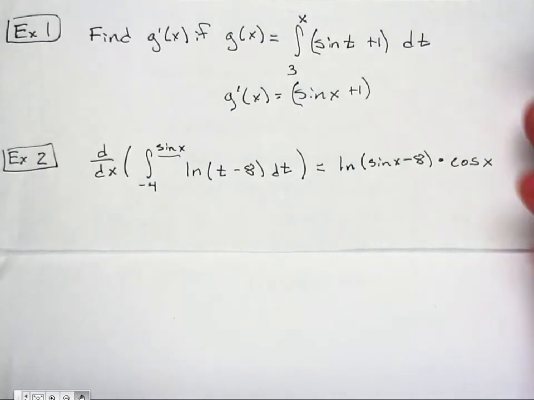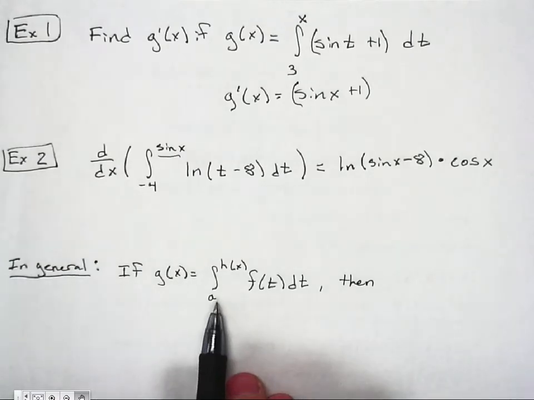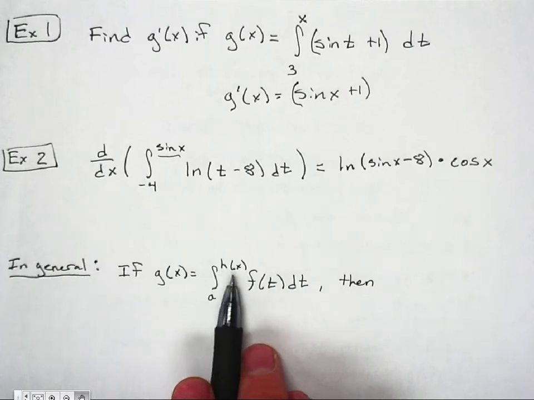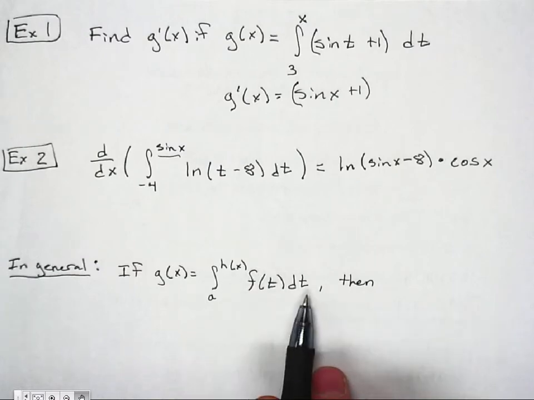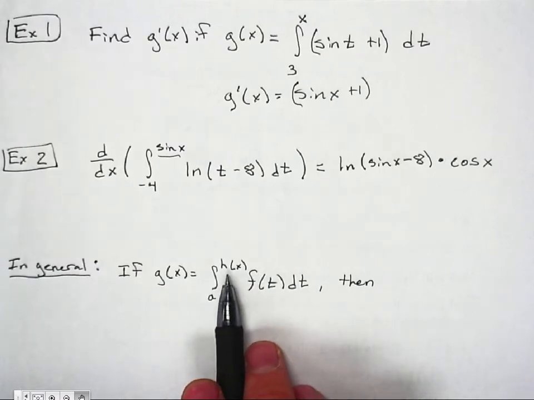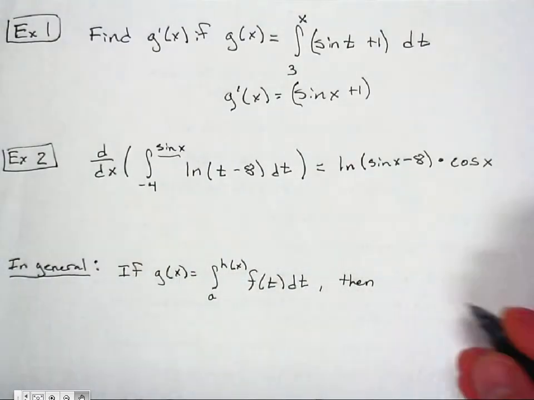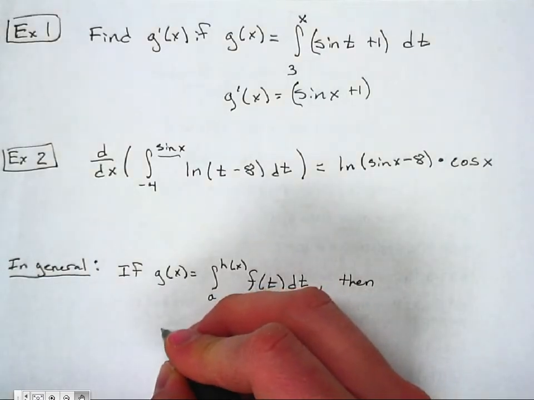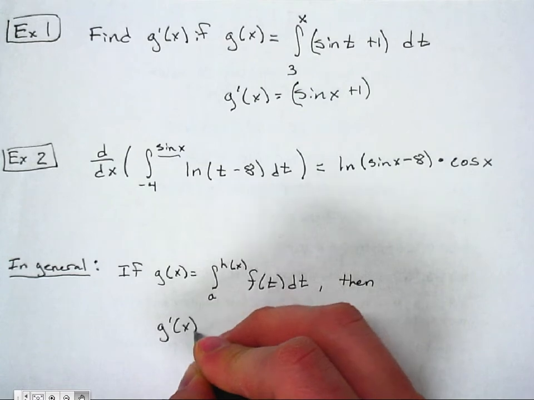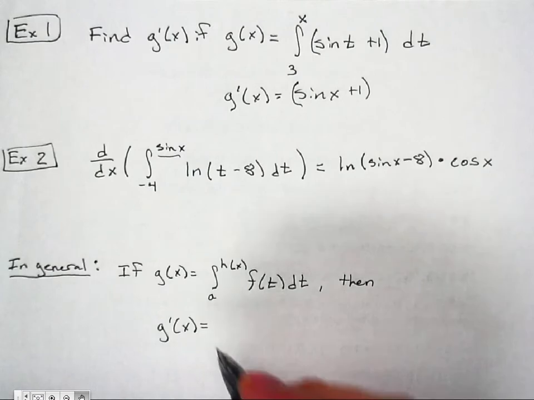So in general then, if g of x equals the definite integral from any constant to any function of x, h of x, and you are integrating any function of t, f of t, just like we had sine of x up there, then that means the derivative, g prime of x, is going to equal this function just with h of x instead, so you actually do that substitution.